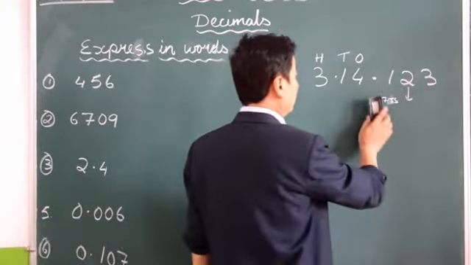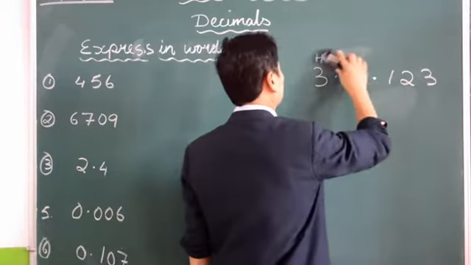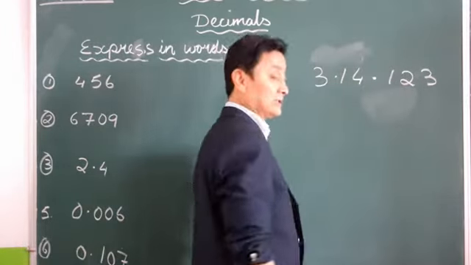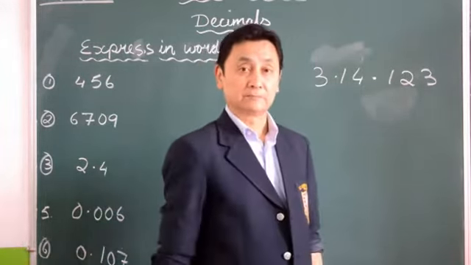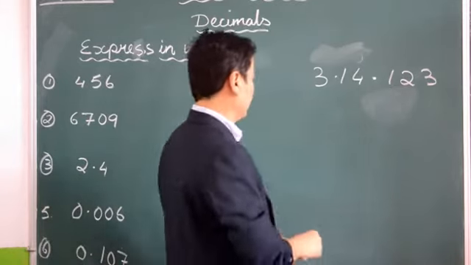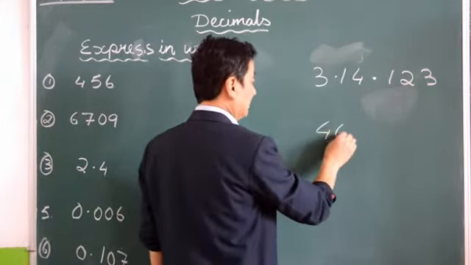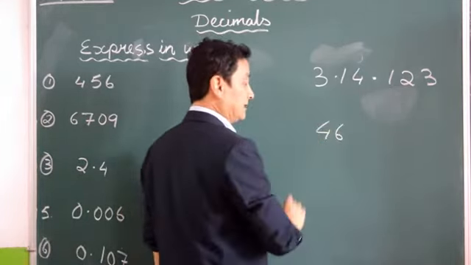Now today we are going to learn how to write these in words. For example, this is how much? 46. So we write F-O-R-T-Y-S-I-X. This is how much? 367. So we write it in words.